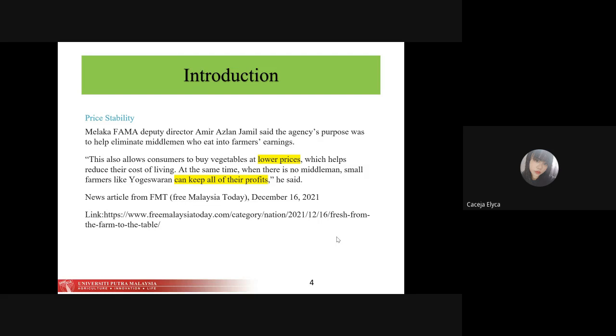The Malacca Farmers' Organisation Deputy Director Amir Azan Jamil says they propose to help eliminate the middlemen who eat into the farmers' earnings, because they want to allow consumers to buy vegetables at the lowest prices and help reduce their cost of living, and at the same time eliminate the middlemen, which can help small farmers keep all their profits.